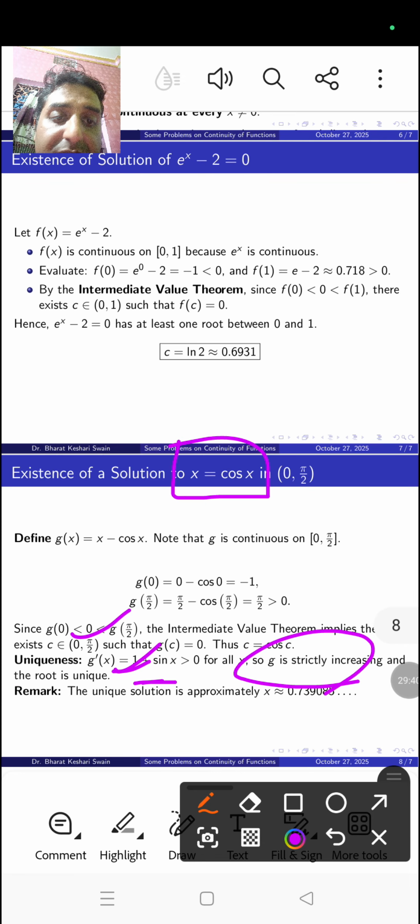If they have opposite signs, then their product will be less than 0, and we can apply the intermediate value theorem. What the intermediate value theorem says is that there will be a root in between these two endpoints. Understood?